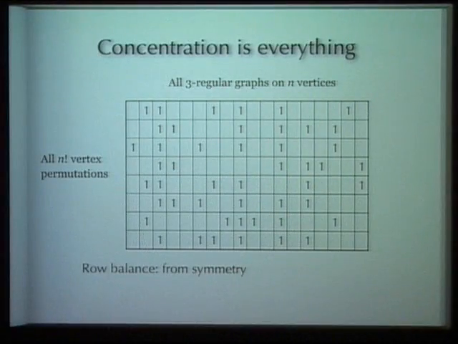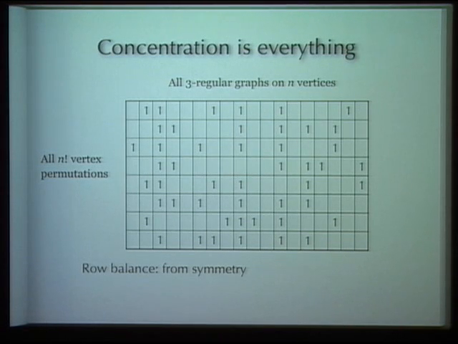Row balance we get from symmetry. Having a Hamiltonian cycle cannot possibly depend on the order. Every permutation must be a Hamiltonian cycle for the same number of 3-regular graphs. What about column balance?